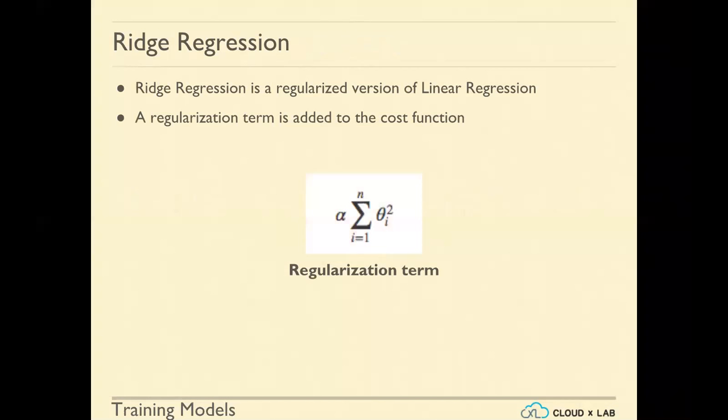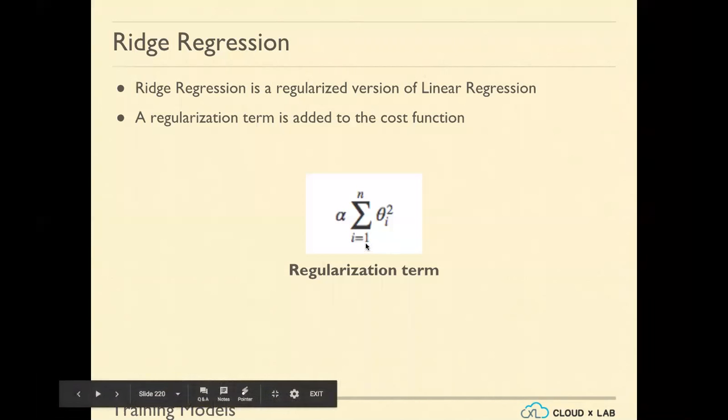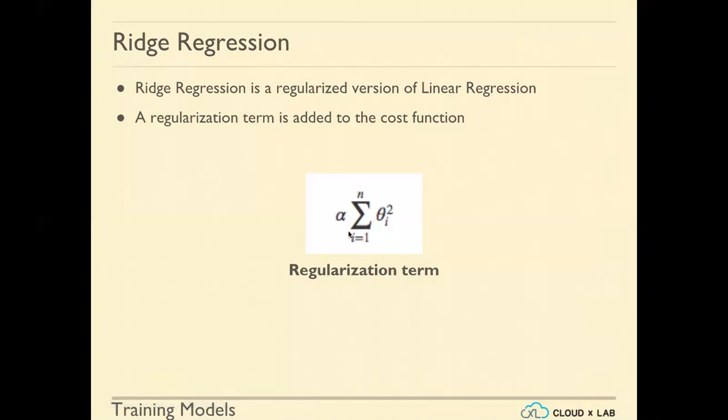All right. So basically, what ridge regression does is it regularizes linear regression. It's a regularized version of linear regression. So what we do is we add a regularization term to the overall cost function. With respect to all of the thetas, we compute their squares and sum them up and add this.